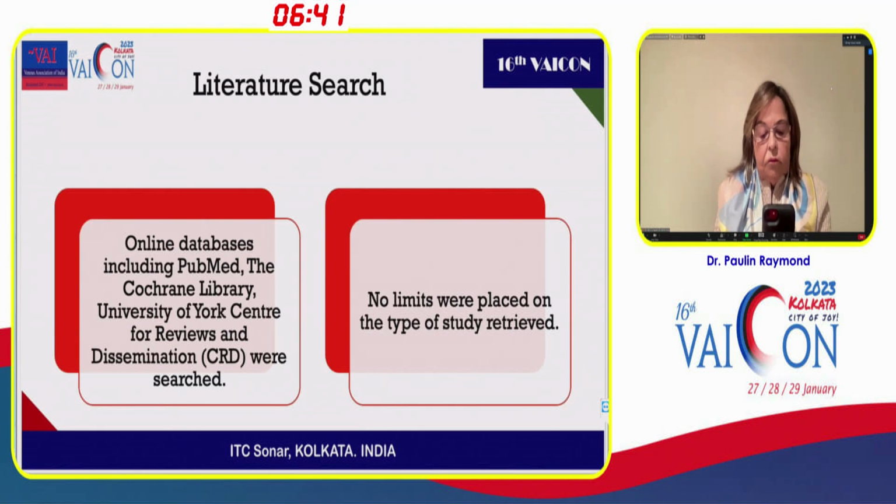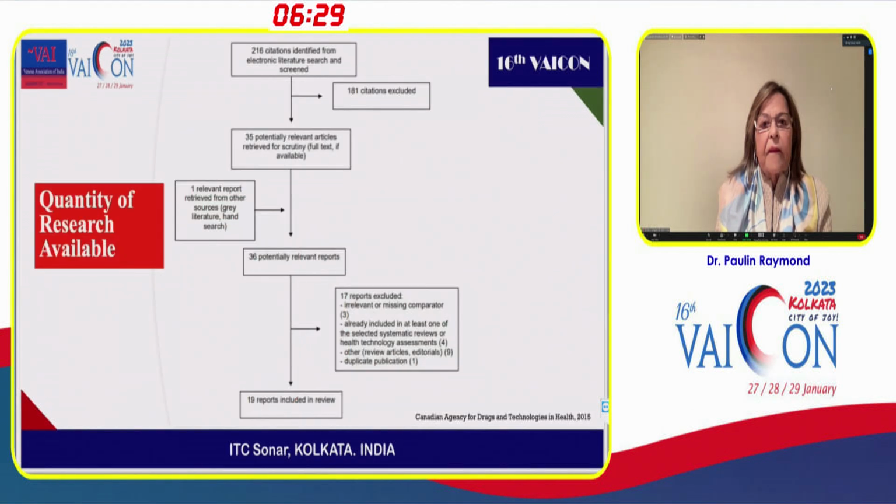A thorough but narrow literature search was conducted from different online databases in line with the review topic. No limits were placed on the type of study retrieved. 216 articles were reviewed, and 19 publications were found to be in line with the inclusion criteria.